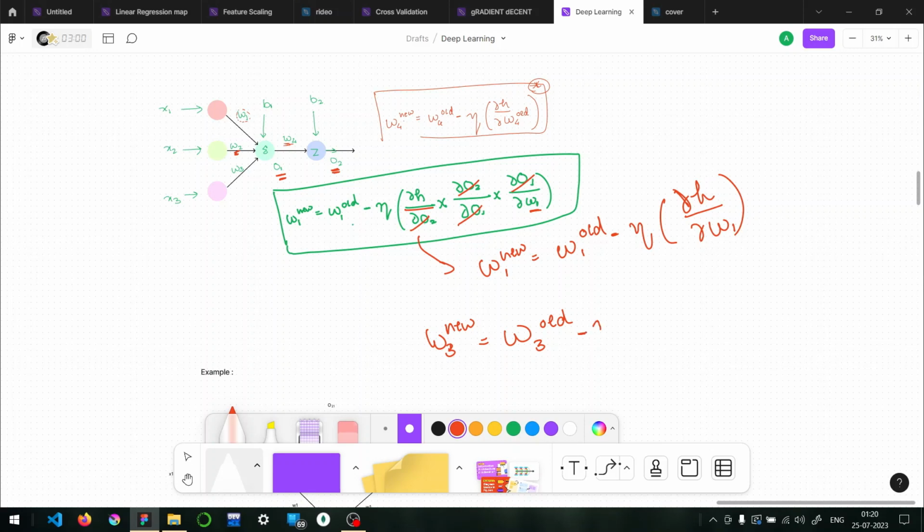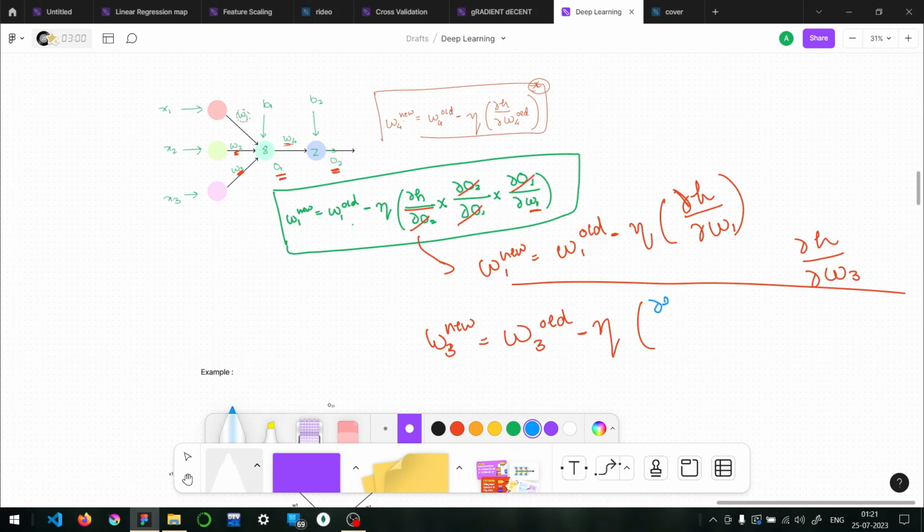Minus learning rate into the partial derivative of the loss function with respect to W3, because we are calculating for W3, so here lies the W3. Now how can you write it in terms of the chain rule of differentiation? Let me write it for you.